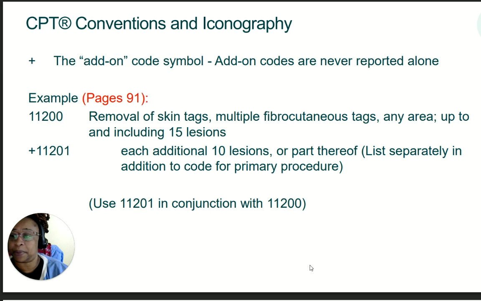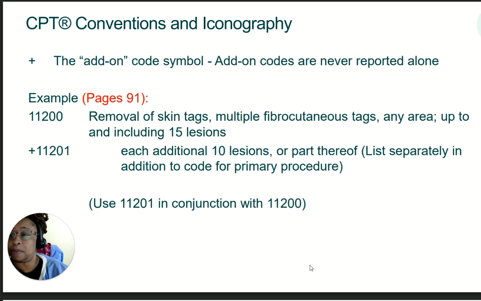Let's look at our example. We have the code 11200 for removal of skin tags, multiple tags, any area, up to 15 lesions. So with this particular code, you can only use this primary code for up to 15 lesions being removed. Now, say for instance, there are 20 lesions on this particular patient that need to be removed. We're going to use the add-on code with the primary code.